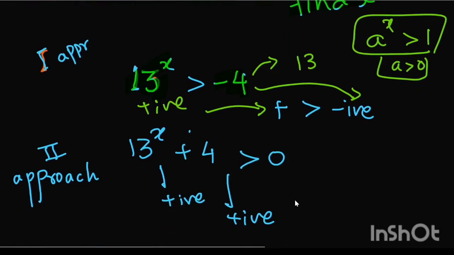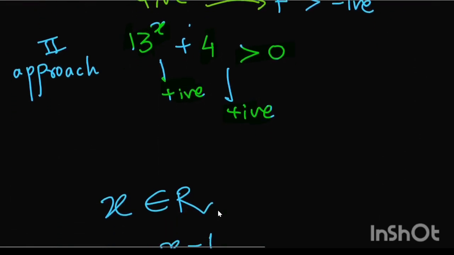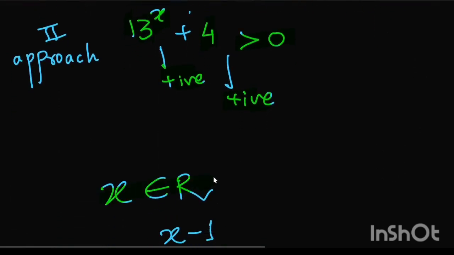Directly we can say that since 13 to the power x is positive and we are adding 4, which is also positive, it will definitely give a positive. So whatever x we put, it will always satisfy. So the solution to this question is all real numbers. X belongs to minus infinity to plus infinity.